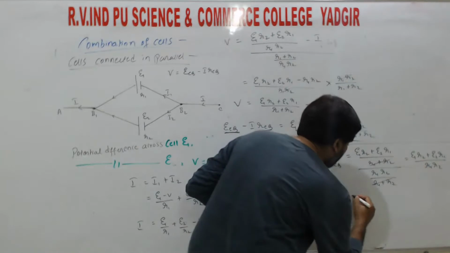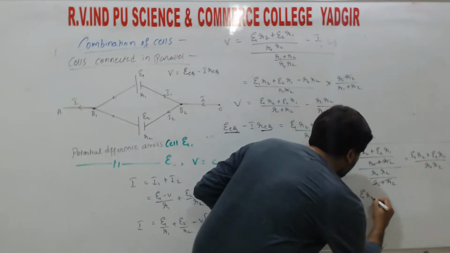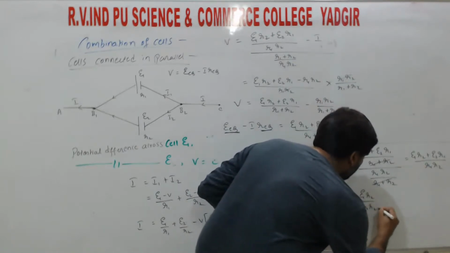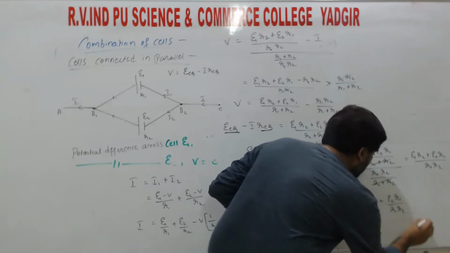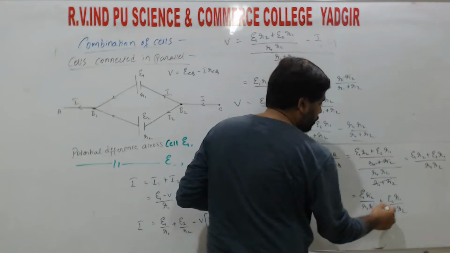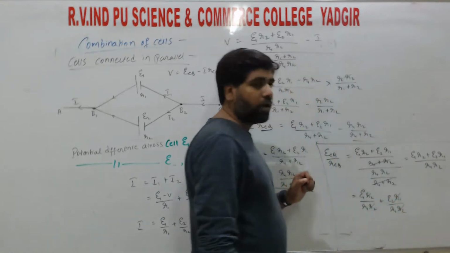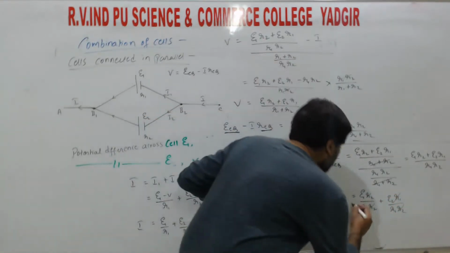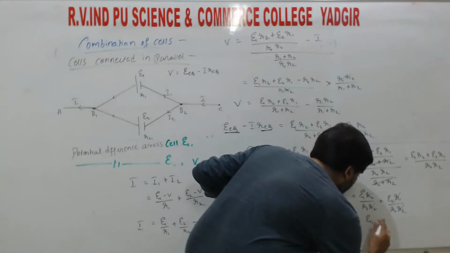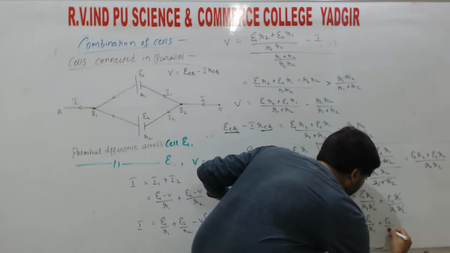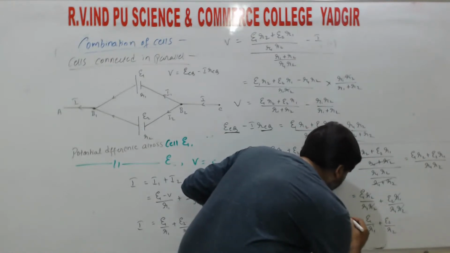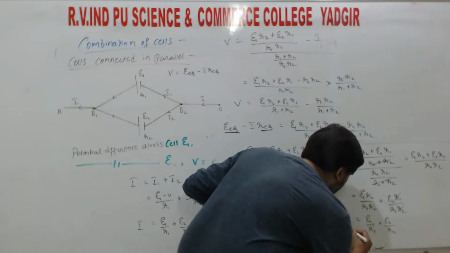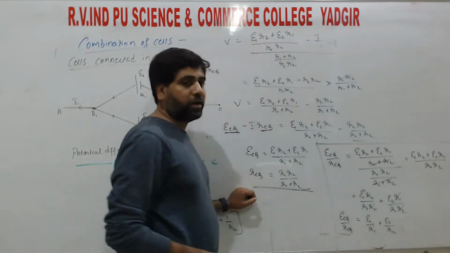Further we can write E1 R2 divided by R1 R2 plus E2 R1 divided by R1 R2. R2 gets cancelled, R1 gets cancelled, so we write this as E1 by R1 plus E2 by R2. This is the ratio of E equivalent to R equivalent.